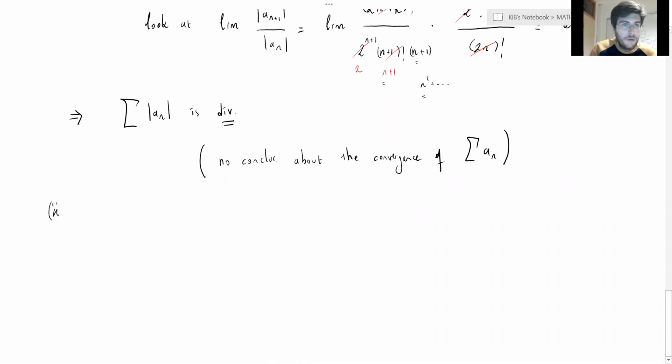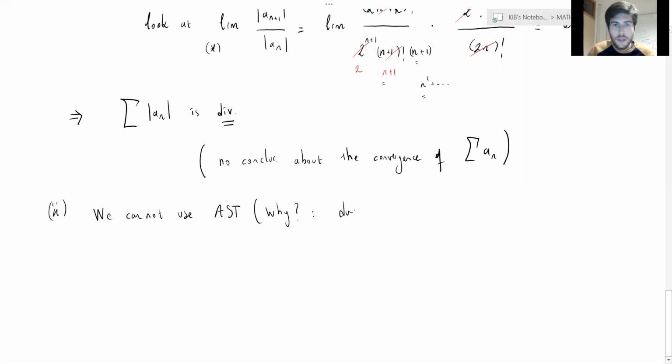Actually, we cannot use alternating series tests. Why? Maybe you may ask why. The reason is actually clear, right? Because of this computation here, let me call it star.